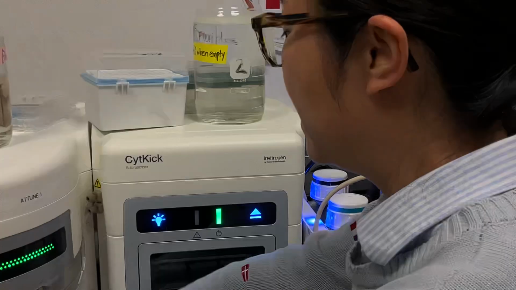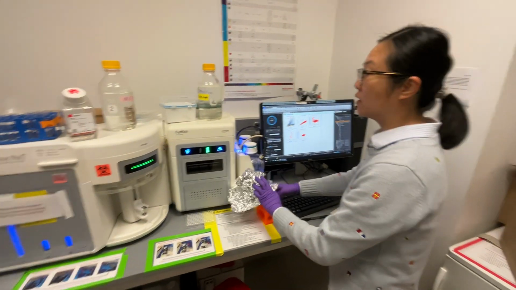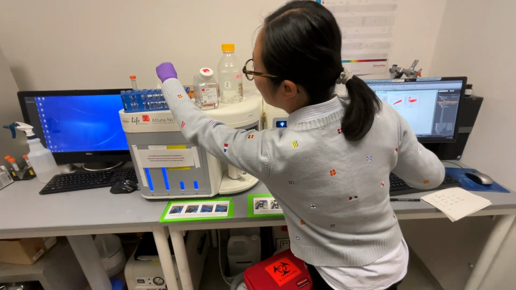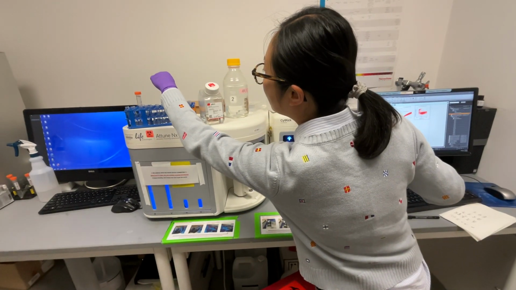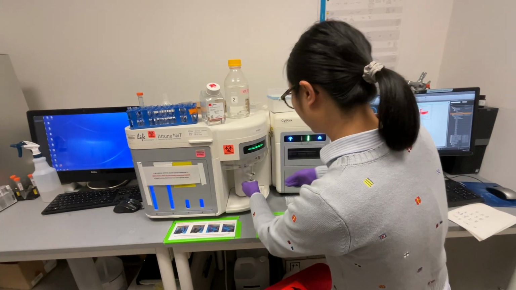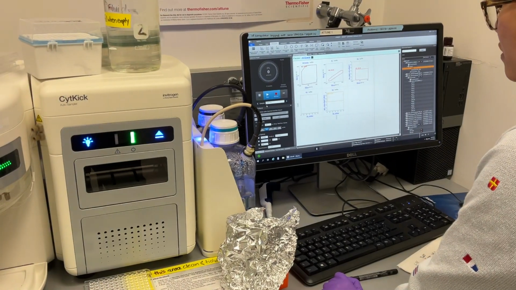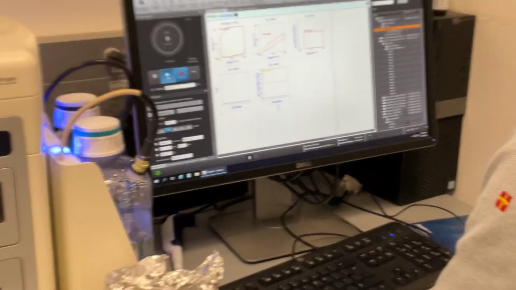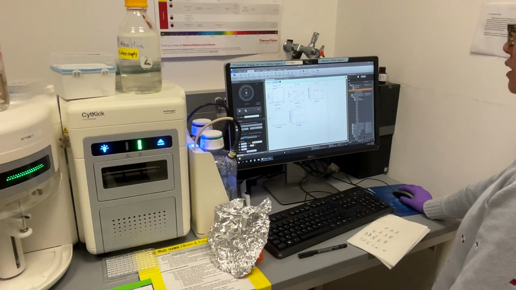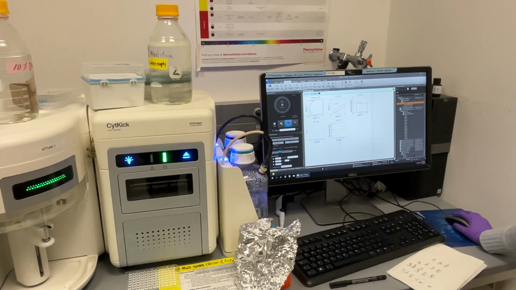Okay, so let me just wash away some of the cells there. You're cleaning it in between the runs. Where's the buffer? I think maybe this one. So buffer, and also just run that. Thank you for explaining everything.